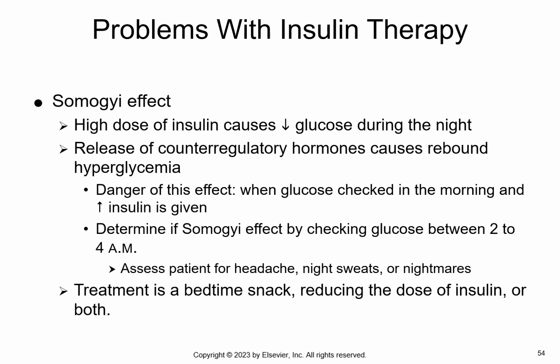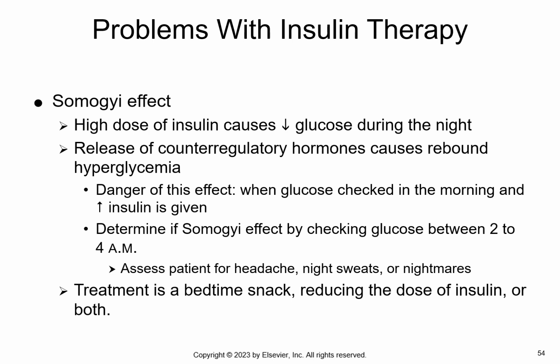As a result, counter-regulatory hormones like glucagon, epinephrine, growth hormone, and cortisol are released. They stimulate lipolysis, gluconeogenesis, and glycogenolysis, which in turn cause rebound hyperglycemia.